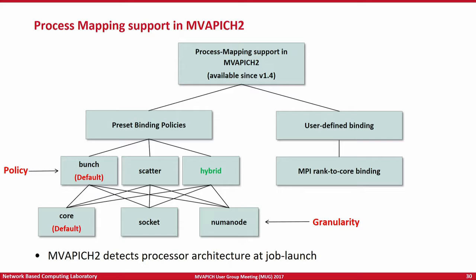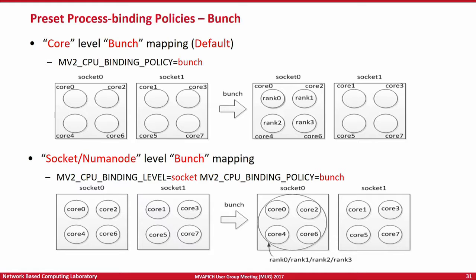If you have a socket or NUMA node level binding policy with bunch mapping, then MVAPICH2 will guarantee that all 4 ranks get bound onto socket 0, but they are free to move within all cores available on socket 0. So that is the flexibility that the NUMA node or socket level binding gives over the core level binding. The core level binding mandates that a rank is always bound to one core, whereas a socket level binding only guarantees that a rank is bound to one of the cores on this socket.